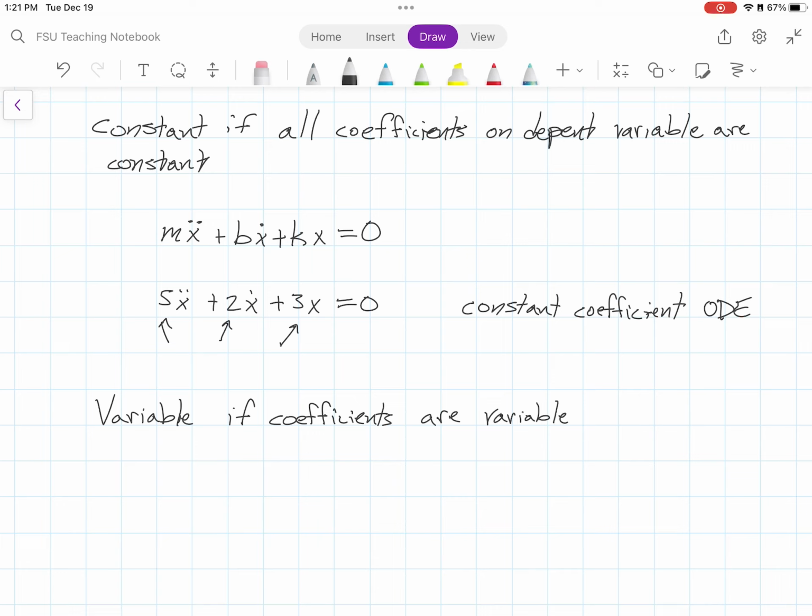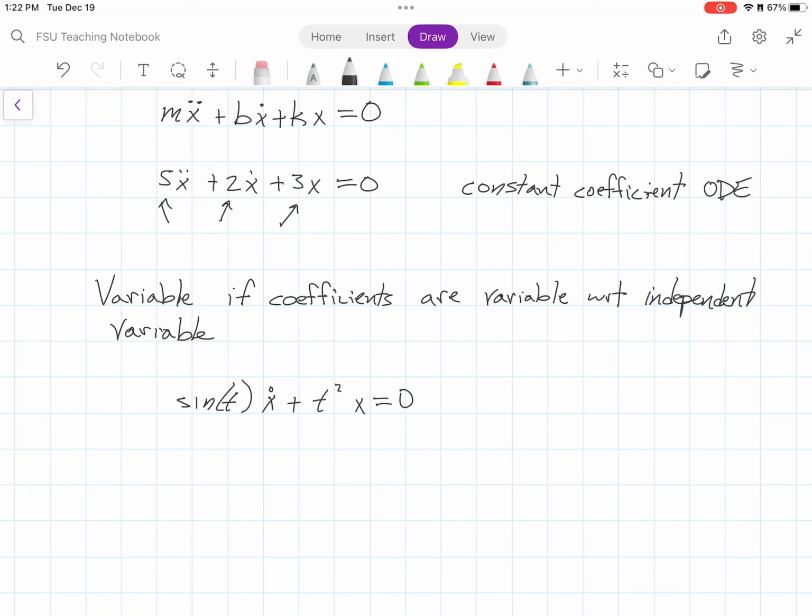If they change with respect to the independent variable. So, for example, if you see something like sine of t times x dot plus t squared x equals 0, I'll go ahead and use blue here.